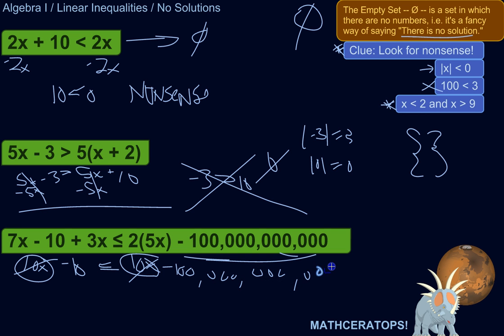So no solution. So if it's not immediately obvious that there is no solution, just follow the rules of algebra to work with the inequality, and then when you get to something that's obviously nonsense, then you can say there's no solution. And if you don't get to something that's obviously nonsense, then you've solved the inequality.